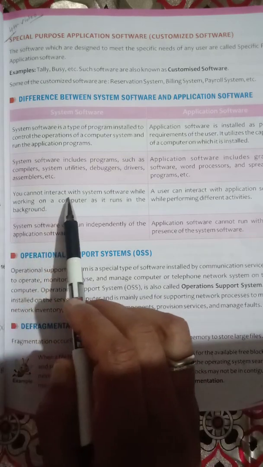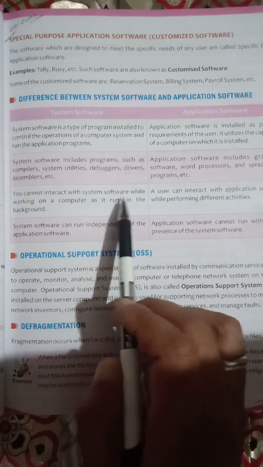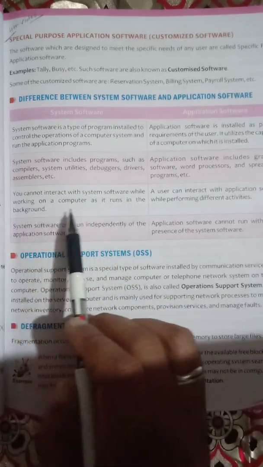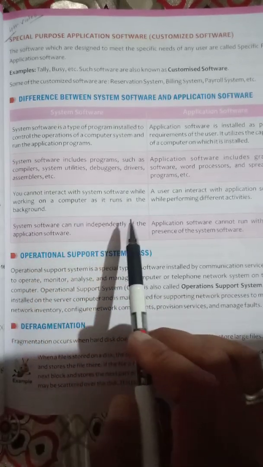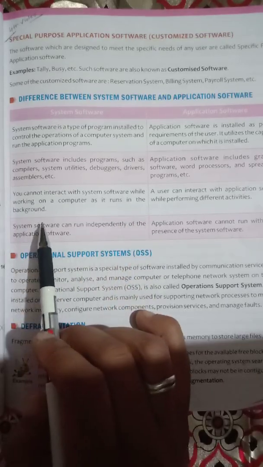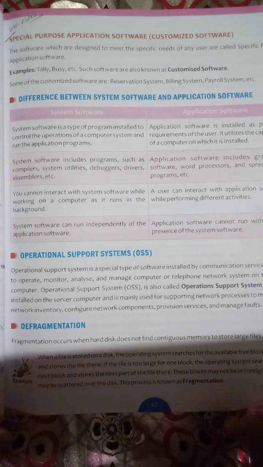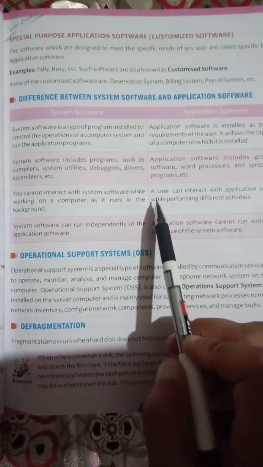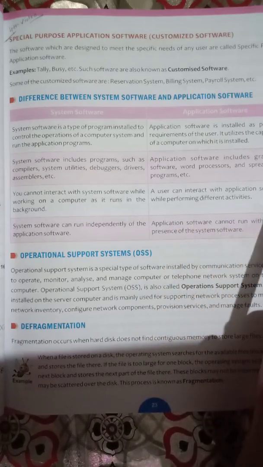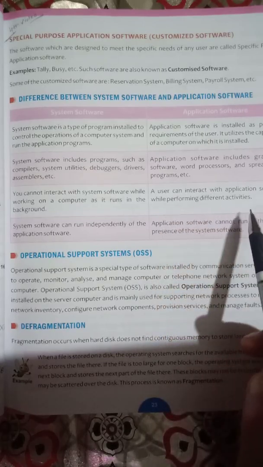You cannot interact with the system software while working on a computer as it runs in the background. Means you cannot interact with it directly. A user can interact with application software while performing different activities.